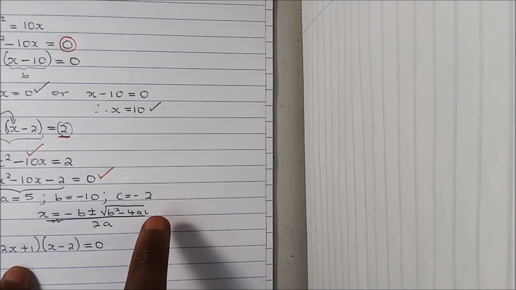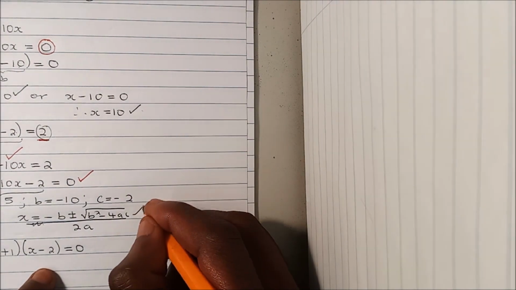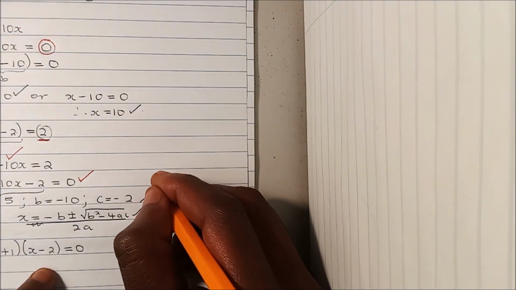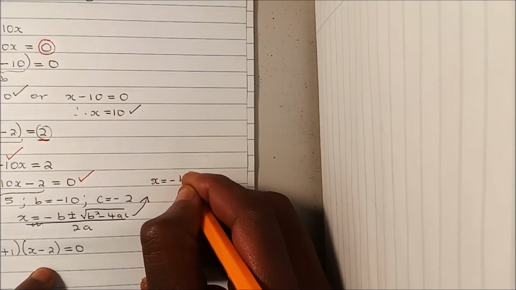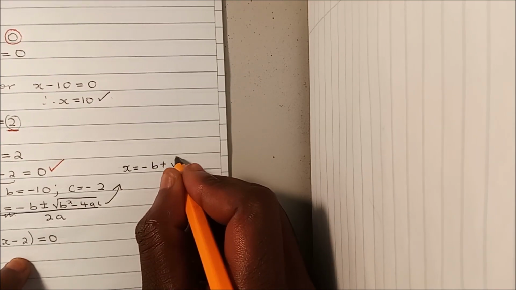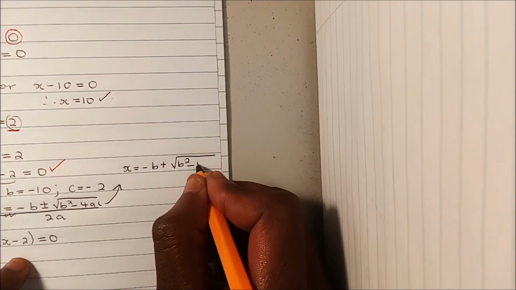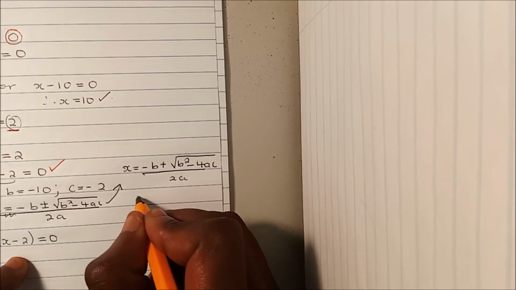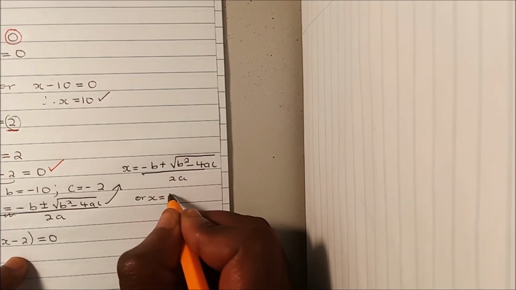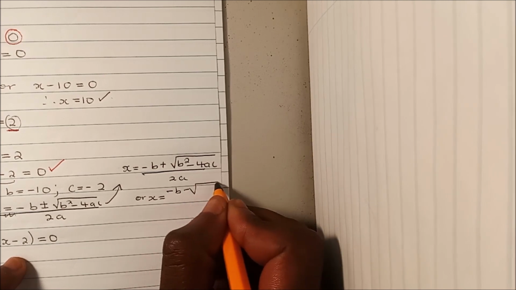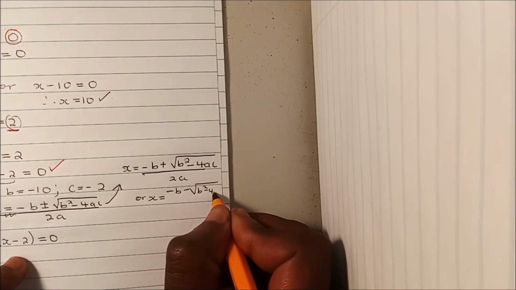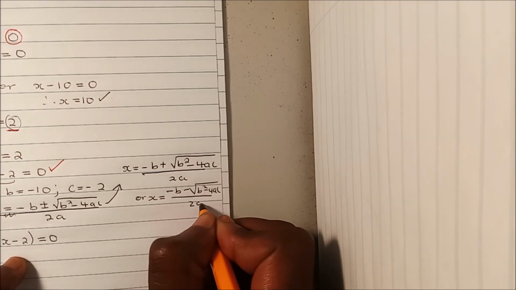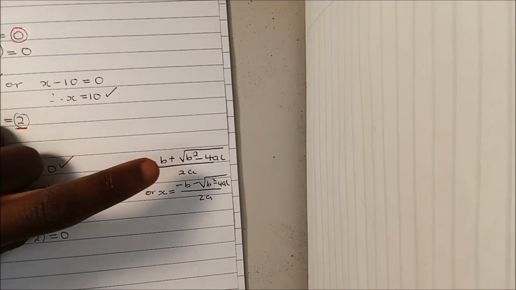You can separate, remember to separate plus or minus. So what I will suggest you do here, it's better if you write the formula like x is equal to minus b plus the square root of b squared minus 4ac over 2a, or x equal minus b minus the square root of b squared minus 4ac over 2a. So these are the two values of x.